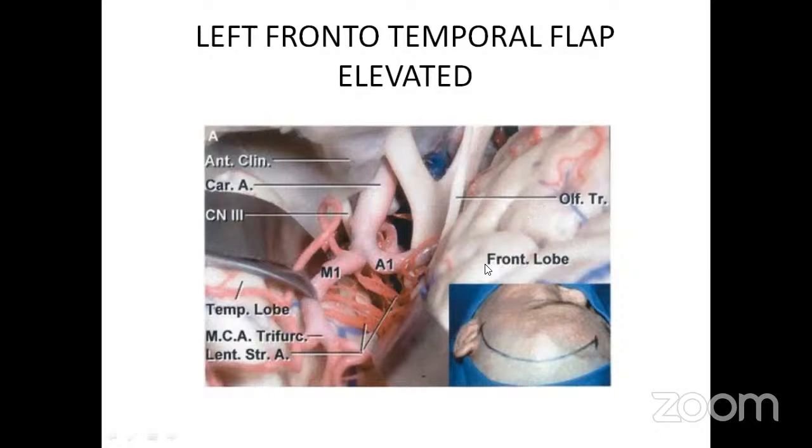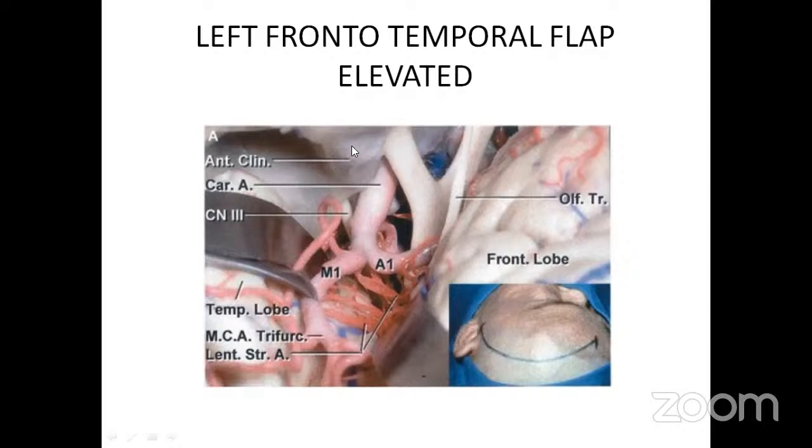On the right side, this is the frontal lobe that has been retracted. On the left is the temporal lobe that has been retracted. So we know that the internal carotid artery enters through the optic canal medial to the anterior clinoid process.